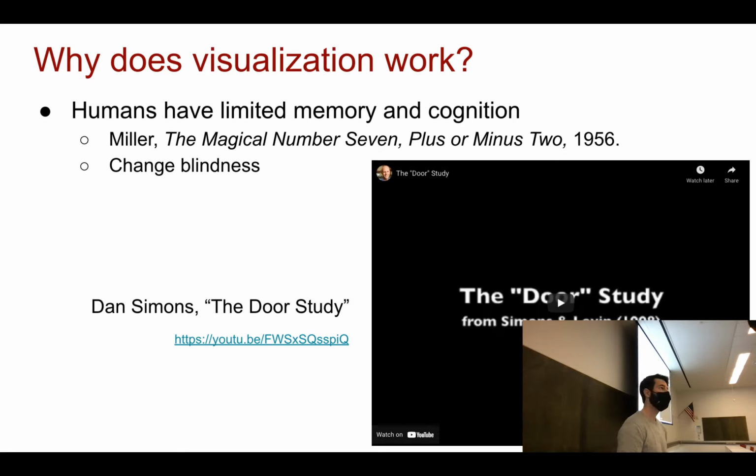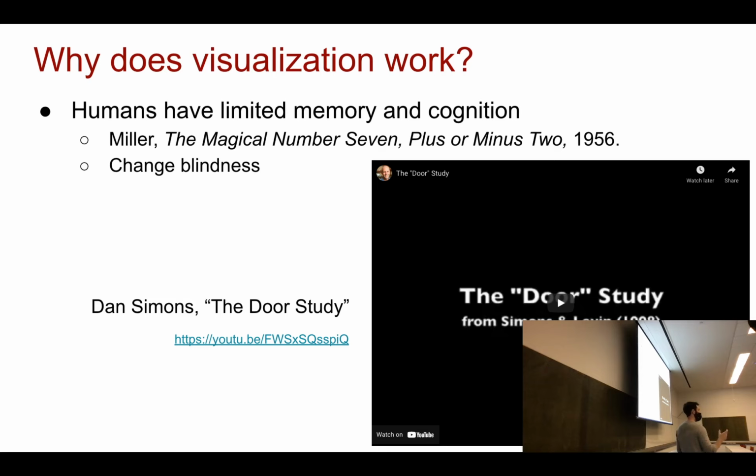All right, so why does visualization work? Well, humans have limited memory and cognition. There's a really interesting old paper, from the 1950s, called The Magical Number 7 plus or minus 2. Has anyone ever heard of this paper before? No?